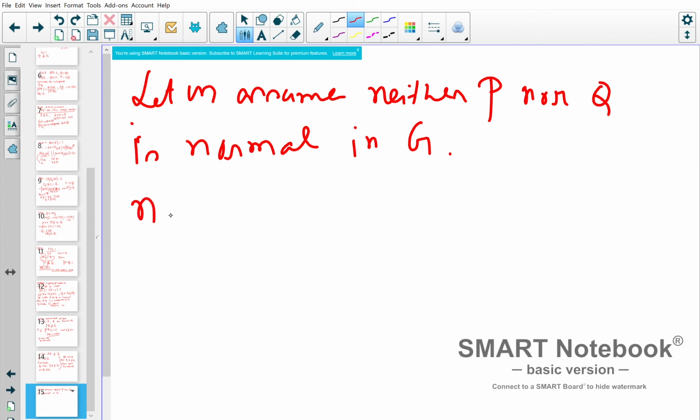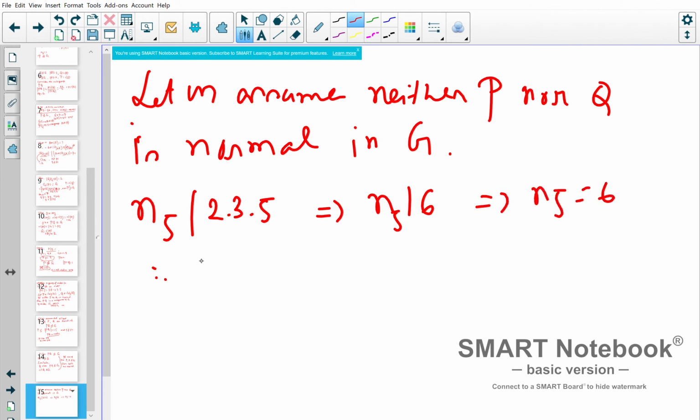What is N5? N5 divides 2 into 3 into 5, right? But N5 cannot divide 5. So N5 divides 6. And N5 is of the form 5k1 plus 1. So N5 has to be 6.